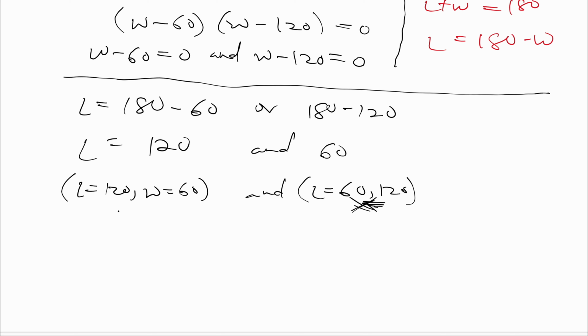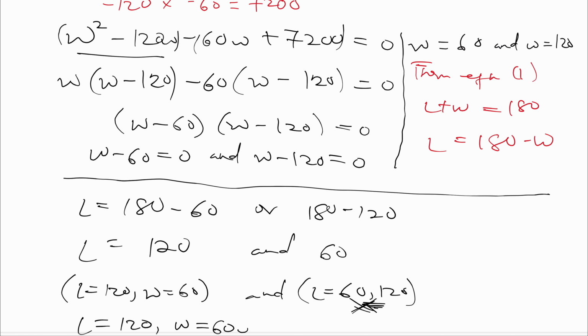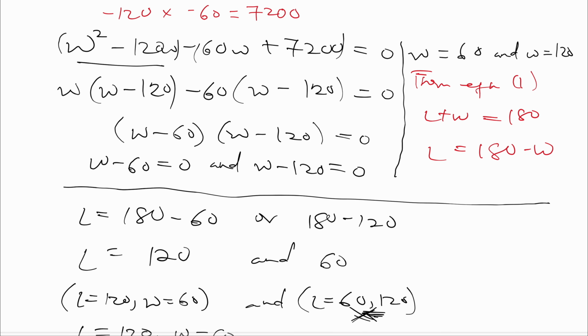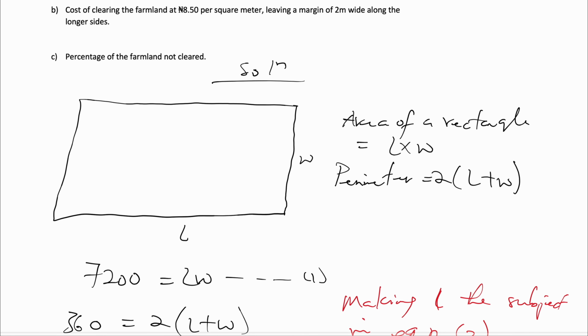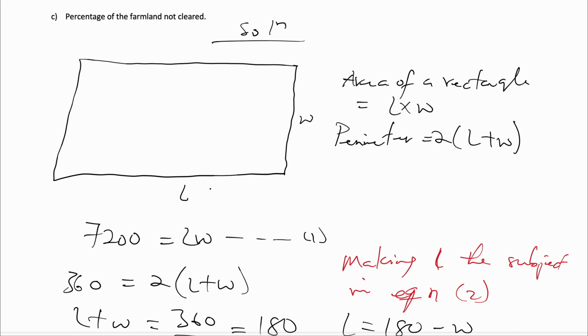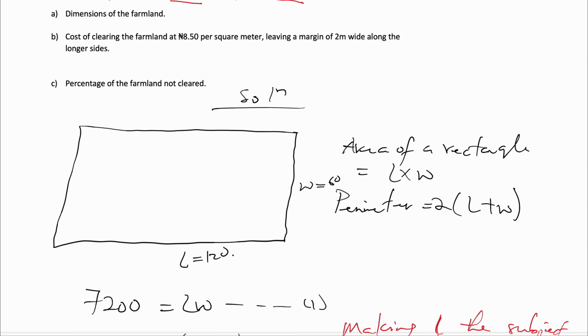This makes sense. So the dimensions of our rectangular farmland are 120 meters and 60 meters.